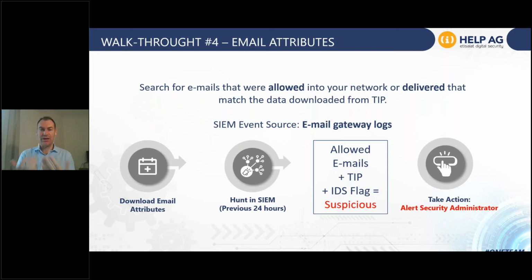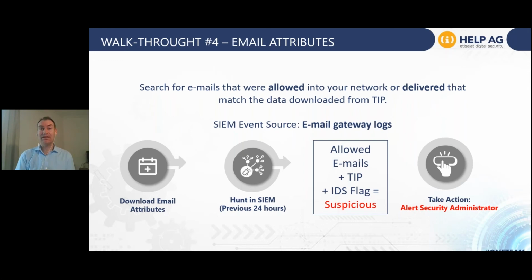And once you have that confidence, look at that IDS flag that I mentioned that tells you that these attributes should be used to take action. When you have that confidence from that information, you can be confident that that particular email is suspicious and you should take action.